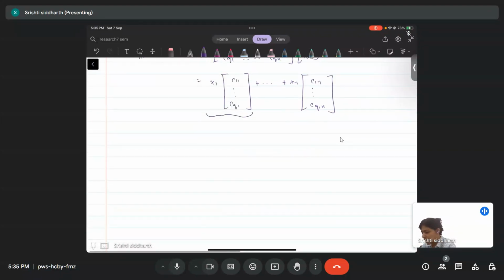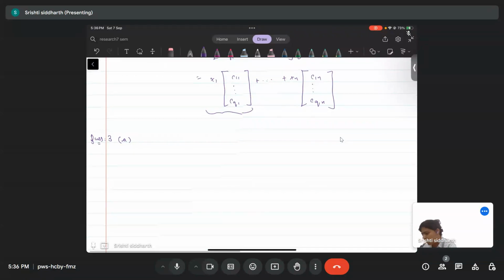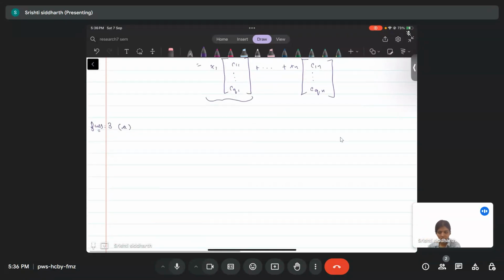So let's look at some cases now. I think this is 3. So we have the first system. I will be writing down the system after it has been diagonalized and we just have to comment on whether the system is observable or not.